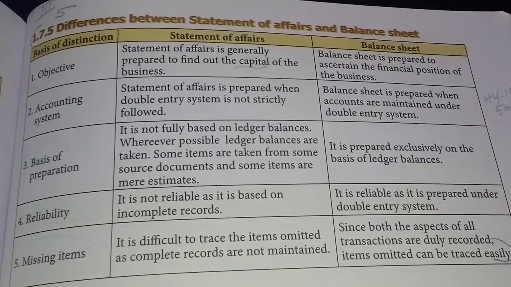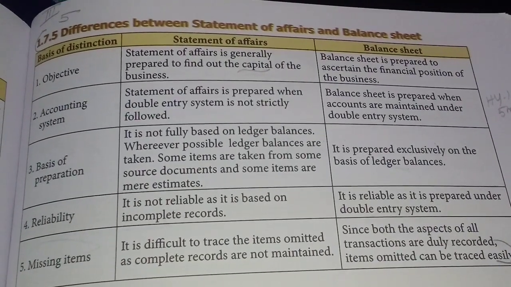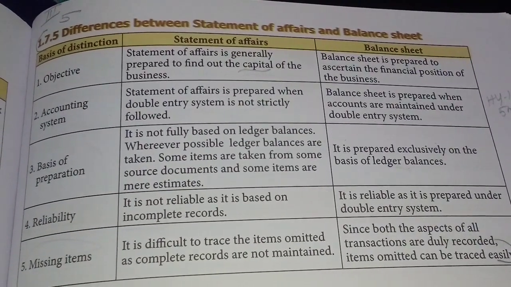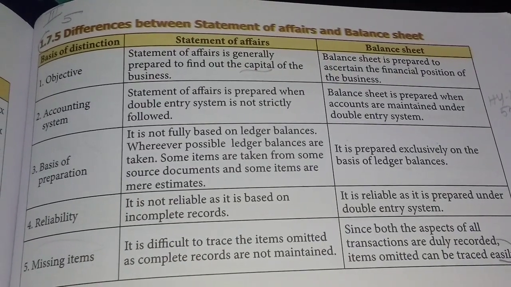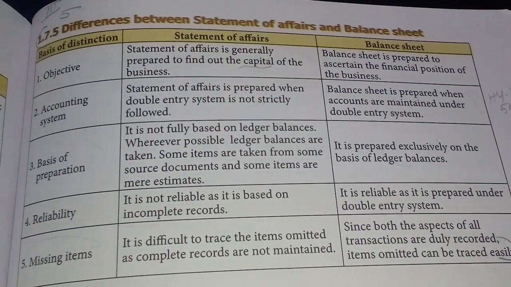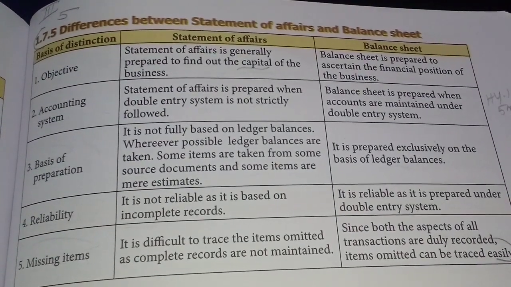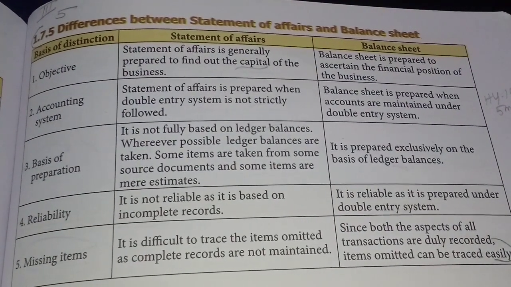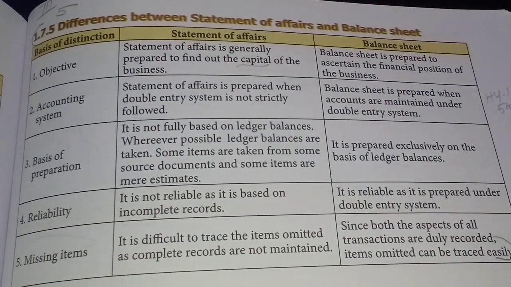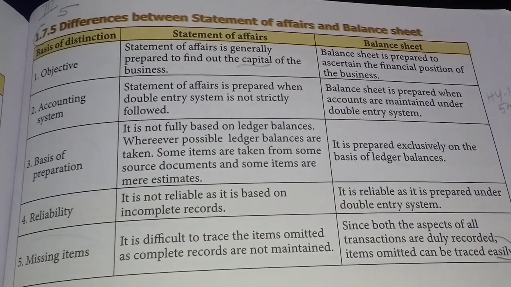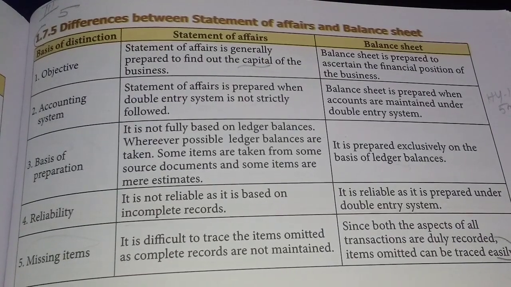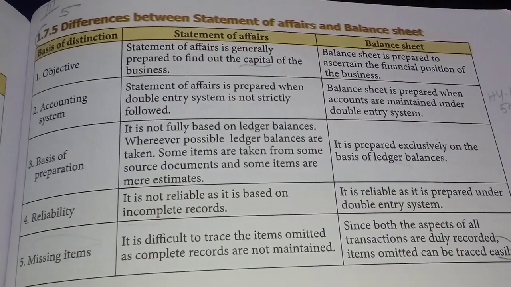Next, the second point is the accounting system. Which accounting system is followed in the statement of affairs? In the statement of affairs, we do not follow the double entry system, but in the balance sheet, we follow the double entry system. As per the double entry system only, we prepare the balance sheet.